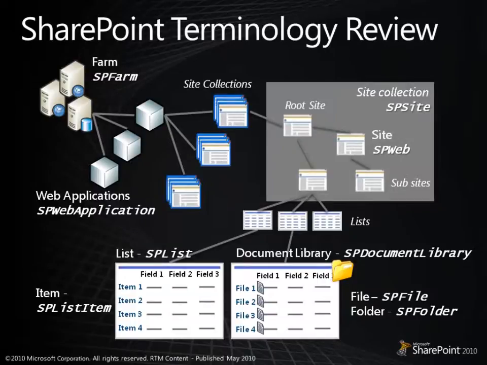Actual items stored within the list can be simply called an item. One of the list types is a document library, which is a specialized list designed to store documents and optionally also folders. For all of these different elements of SharePoint, we obviously have their own object model, which we can use to modify their behavior.